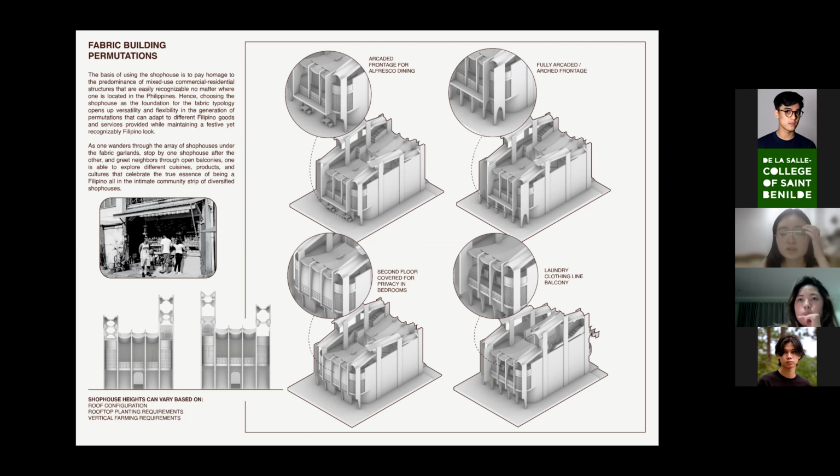So some of the iterations that we were able to come up with was having an extended arcaded roof to accommodate alfresco seating. Another one would be to fully arcade it, and one would even be to cover up the frontage in case users wanted more privacy.